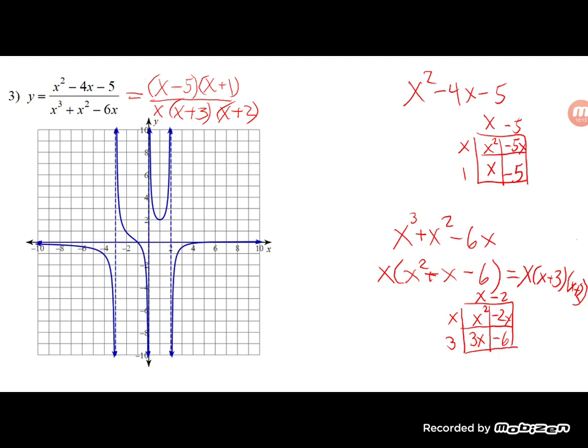It's then pretty easy to see what the zeros of the top and the zeros of the bottom would be. The top would have a 5 and a -1. The bottom would have a 0, -3, and 2.